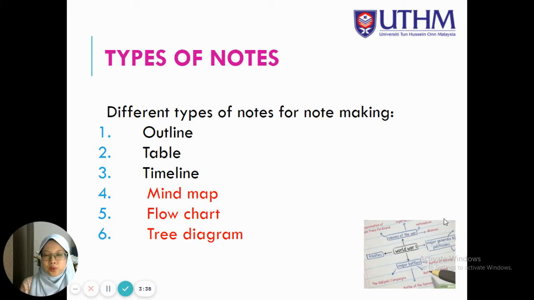You want to show development, you want to show history, for example. Number 4, you can use a mind map or flow chart. Number 5 and number 6, tree diagram. Numbers 4, 5, and 6 are graphic notes, which you can use for the assignment later.